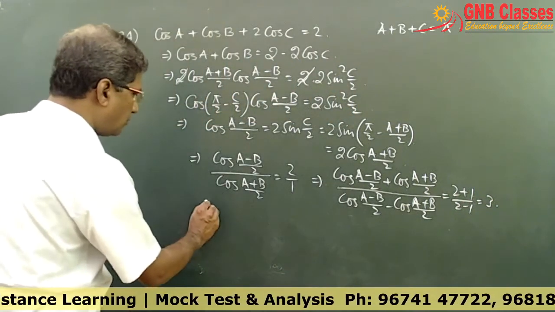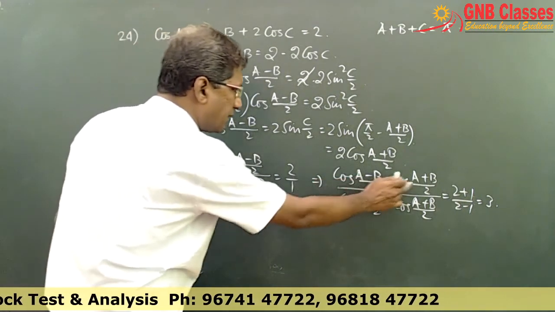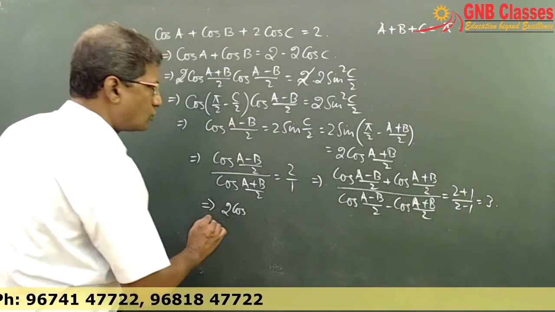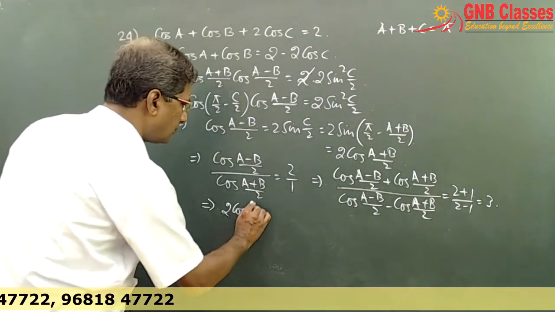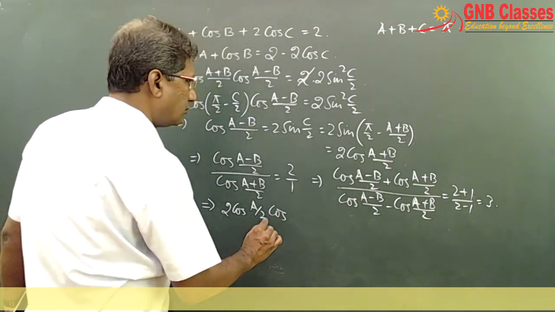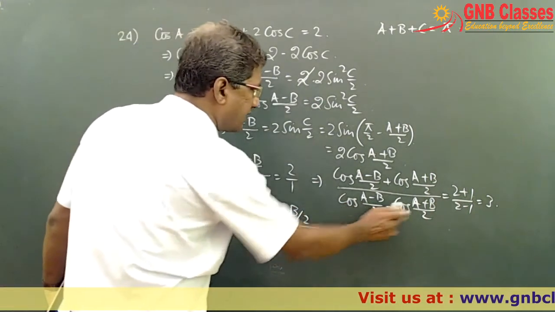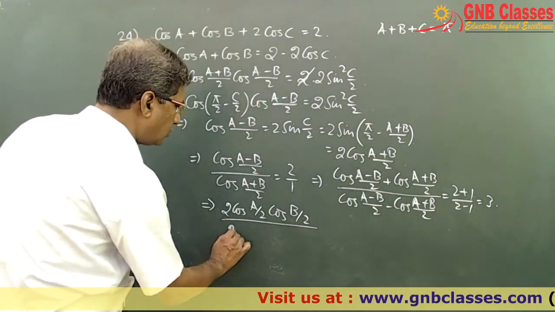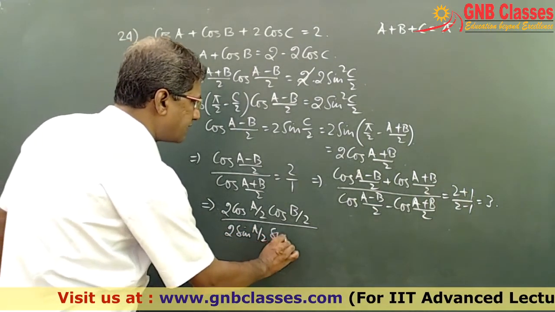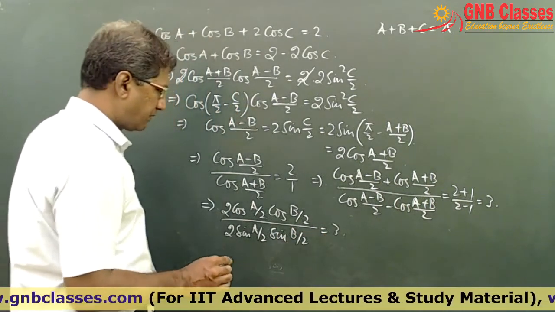Now in this case what we can write, if we apply the cos C plus cos D formula, we are getting 2 cos (C plus D) by 2, cos (C minus D) by 2, divided by, again applying the cos C minus cos D formula, 2 sin (C plus D) by 2, sin (D minus C) by 2, which is equal to 3, right?